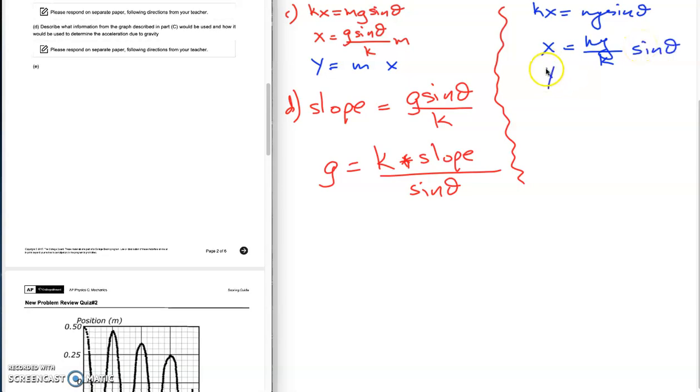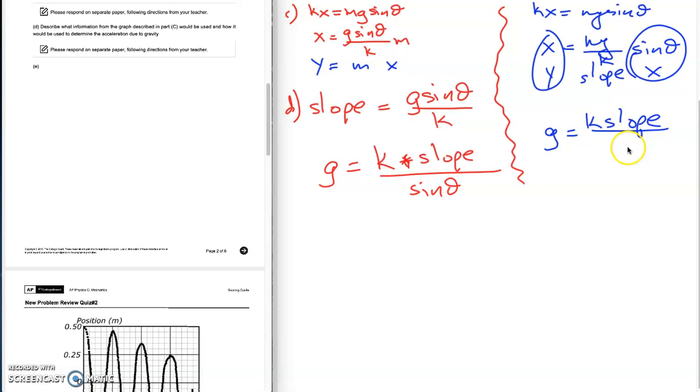You would have y is your stretch, and sine theta turns into x, and then slope is mg over k, which means that g would equal k slope over m. Notice how all I've done is replace one thing that I kept constant with a different thing that I could keep constant. All right, part E, last part.